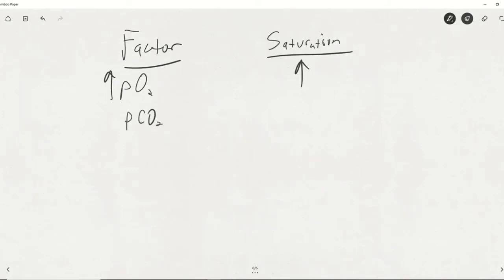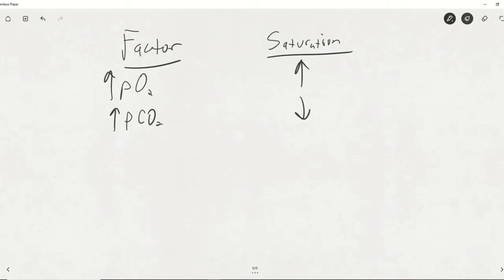Now let's look at PCO2, the partial pressure of carbon dioxide. When the partial pressure of carbon dioxide is up, saturation goes down. Because even though it seems like oxygen should have preferential treatment with hemoglobin, it doesn't.